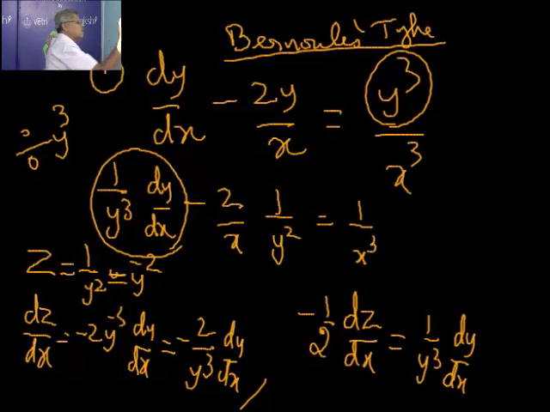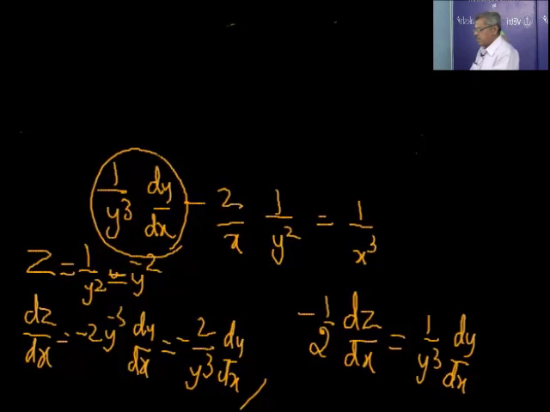So now we are replacing 1 by y cubed dy by dx by minus half of dz by dx.